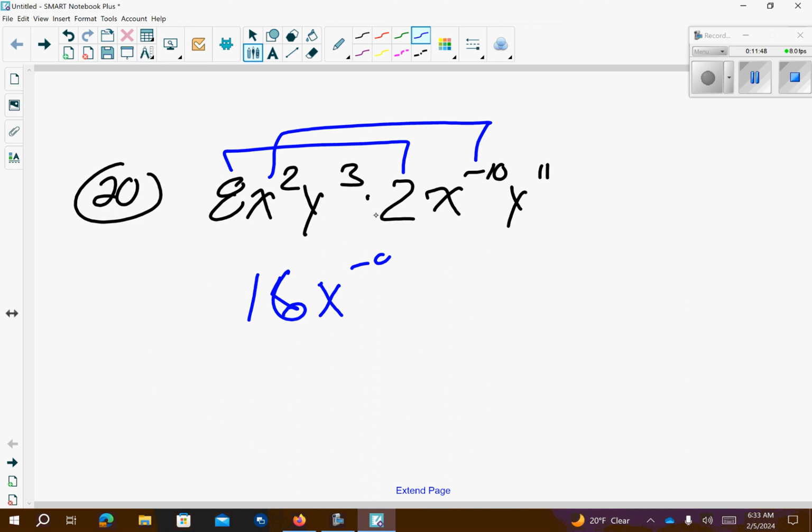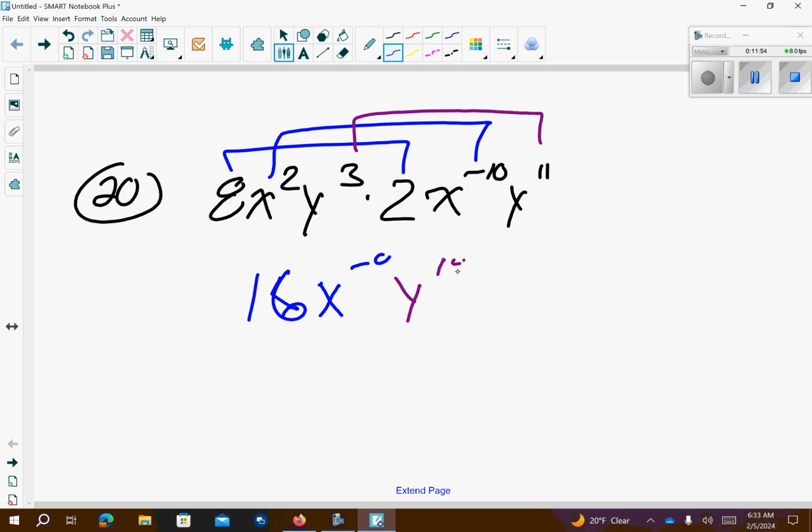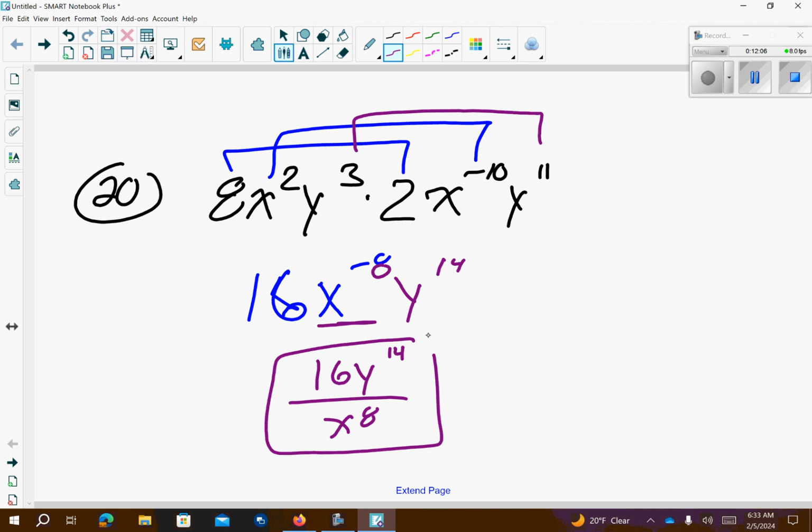Y to the 3rd and y to the 11th is y to the 14th. I don't know why this isn't working real well on Monday morning. All right, so this wants to move down, so I have 16 and y to the 14th on top over x to the 8. It moves down, and the sign stays the same.